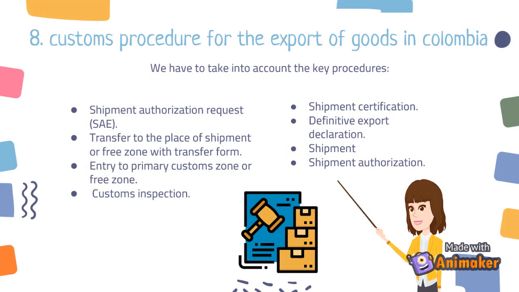8. Customs procedure for the export of goods in Colombia. We have to take into account the key procedures. Shipment authorization request. Transfer to the place of shipment or free zone with transfer form.